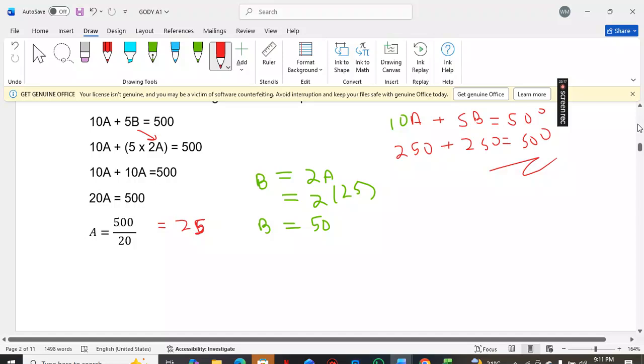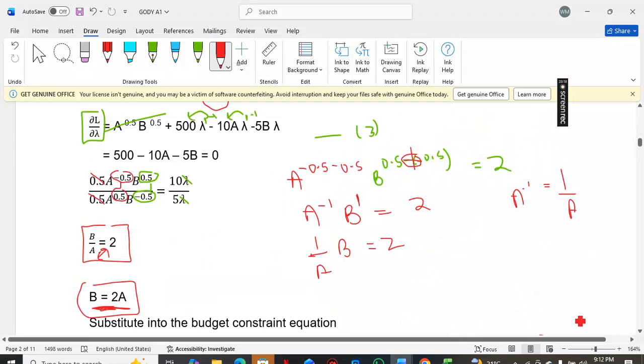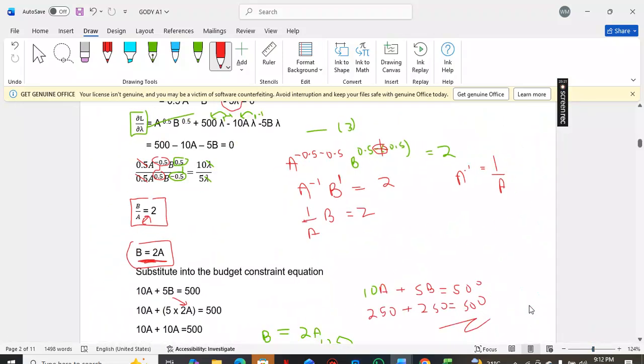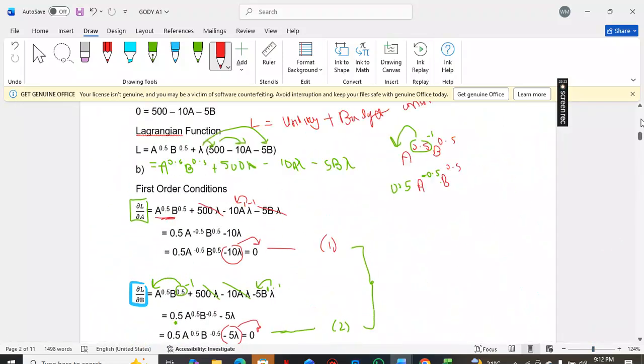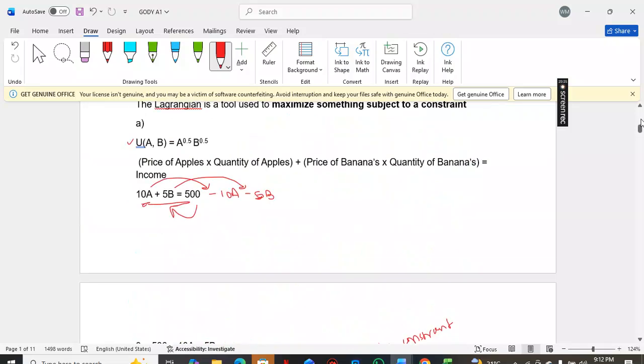Okay, so let me go through the steps of how you do these questions so that we remember. A recap of the steps. Step 1, form the budget constraint equation.